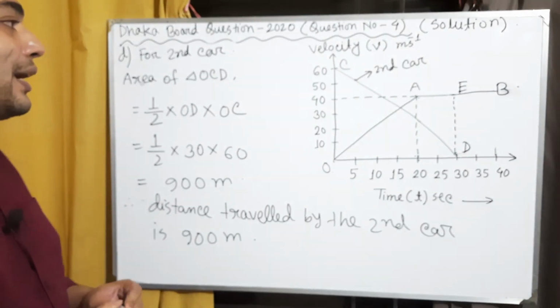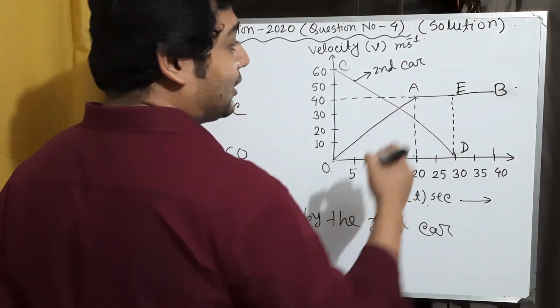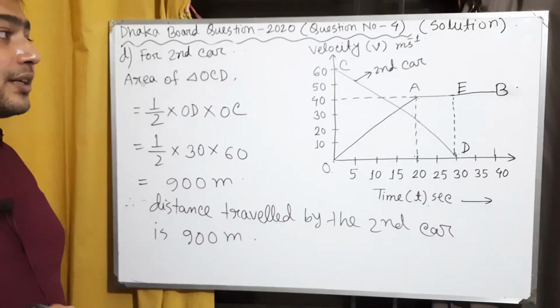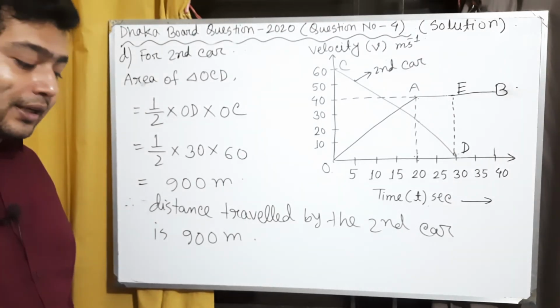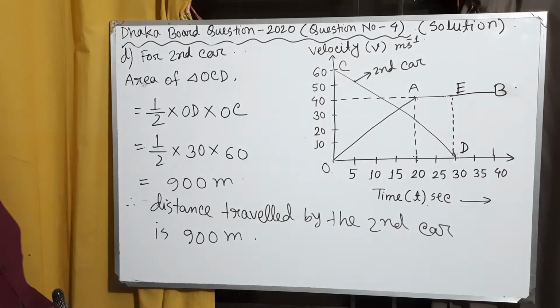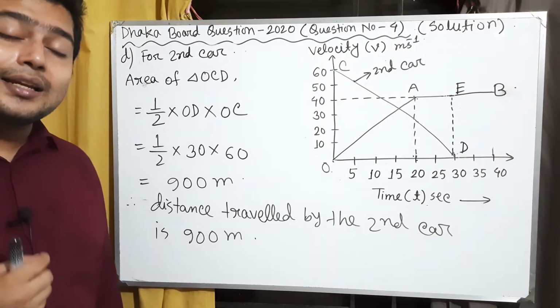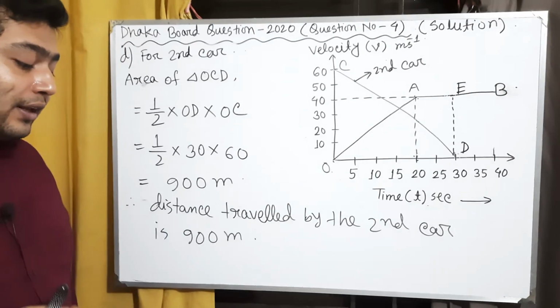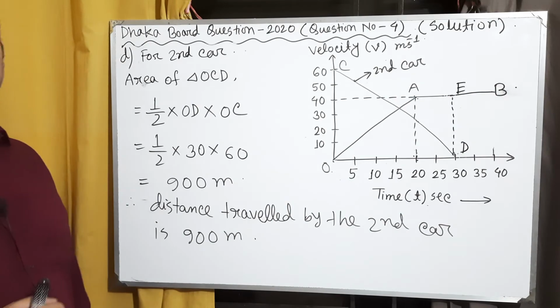Now we get the first car traveled 800 meter and the second car traveled 900 meter. So we see that the second car will travel more distance in 30 seconds.